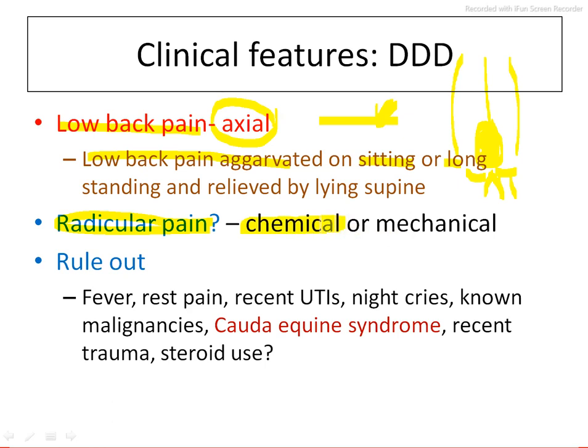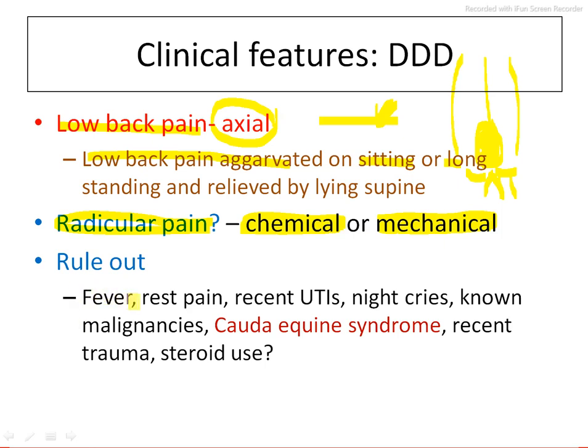Because of this irritation, it gives rise to chemical pain. Another thing is that because of disc degeneration and bulging or prolapse, it can entrap different nerve roots and nerves. Because of that, it gives rise to mechanical pain.